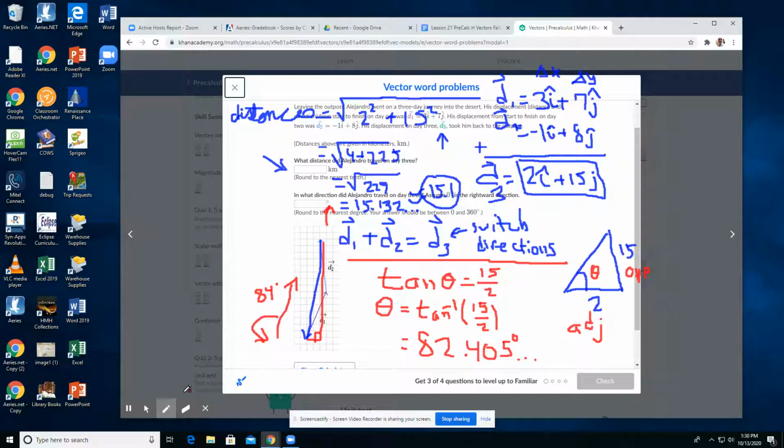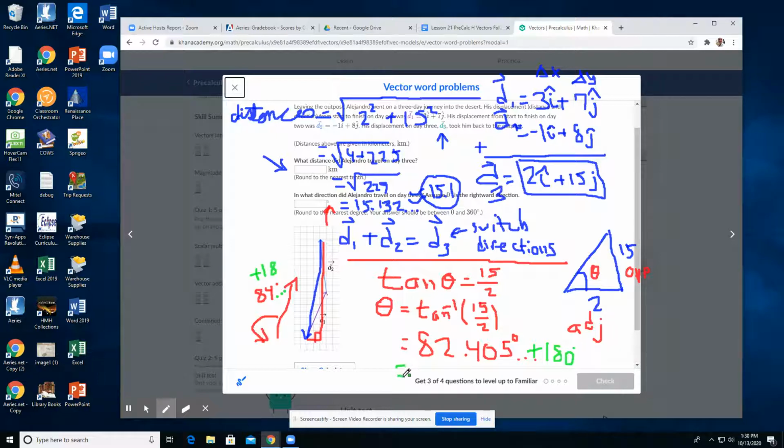So we're going to switch the direction on this by adding 180 degrees. Remember, this number right here is still on my calculator. I'm going to add 180 degrees to flip my direction, and then that should link everything together.